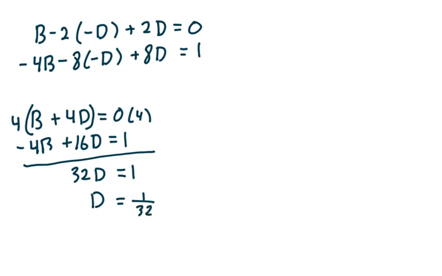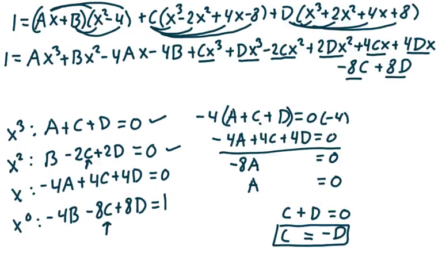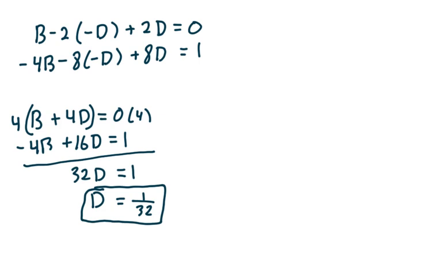We also know a is 0, so that's good. And remember, if d is 1 over 32 and c is equal to negative d, we can say c is negative 1 over 32.